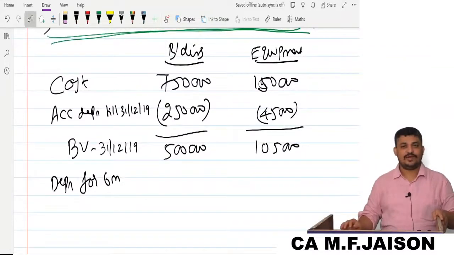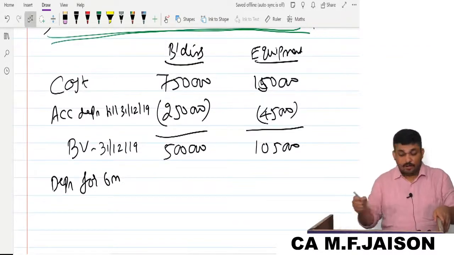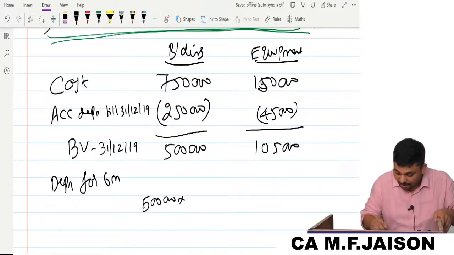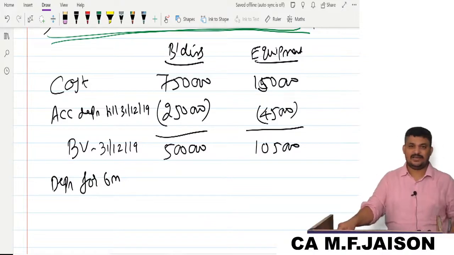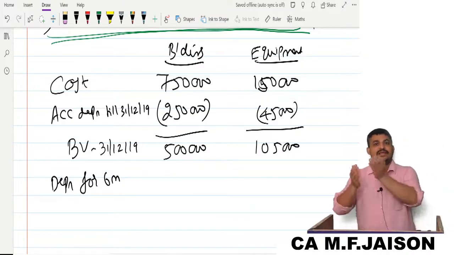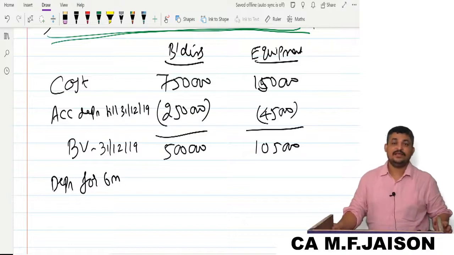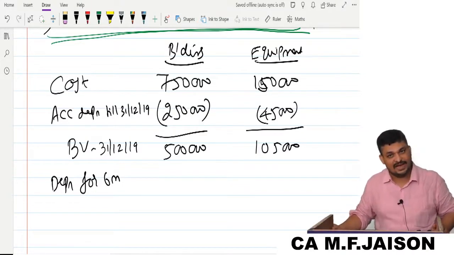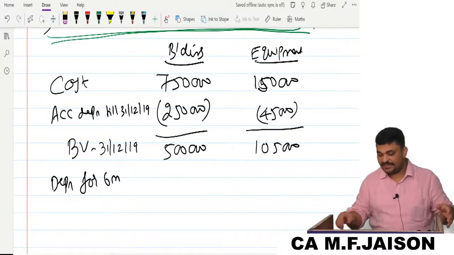Now what you should not do is take 5 lakhs into percentage. That's wrong because it is the SLM method. I think you know the difference between WDV method and SLM method. Suppose it is WDV method, I should calculate on 5 lakhs. But here it is given as SLM method.